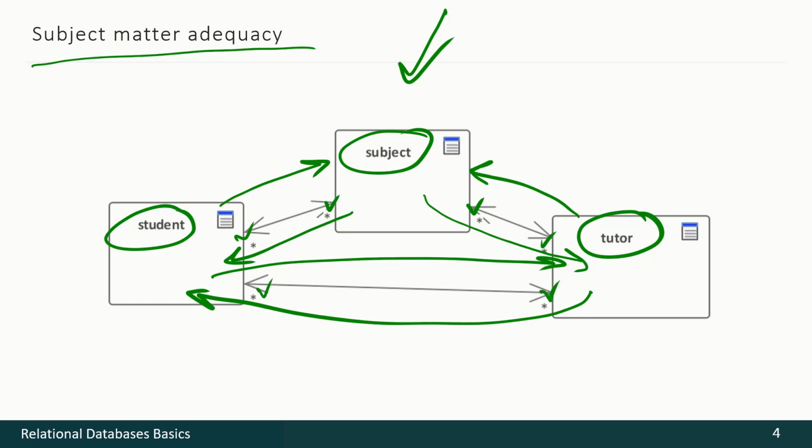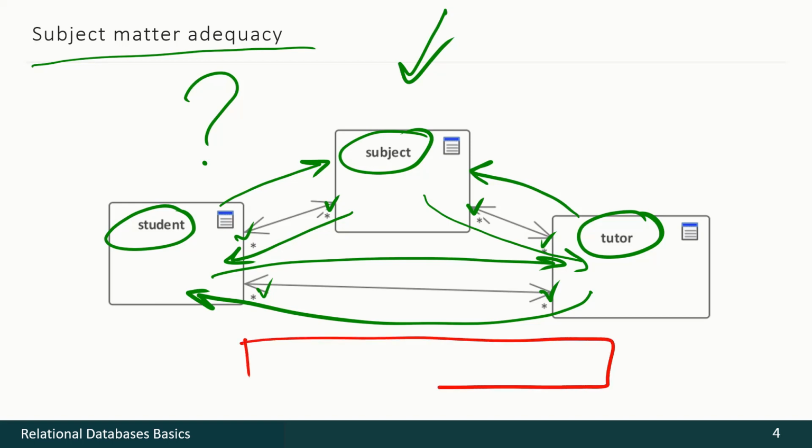So what's the problem? Please pause this video and try to find the problem yourself. So here is the answer. The problem is the next. Imagine we have to find out for each student and each subject and each tutor this correspondence.